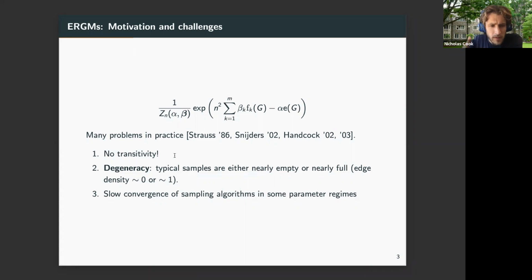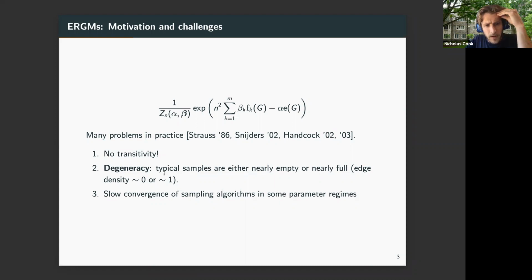The first problem was that for large ranges of the parameters, even with the edge triangle model, they would still not see any transitivity, which is certainly a problem for modeling social networks.